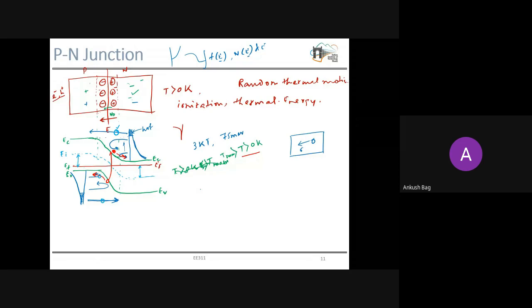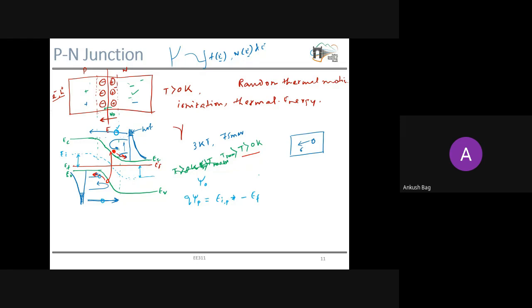So now if we quickly try to quantify this built-in potential, psi naught. Again, this q psi p, that means this is a potential, and if you convert this to energy, because all these are energy terms, EI, EF, then q psi p is nothing but EIP, that means the intrinsic energy level in the p side, minus EF.